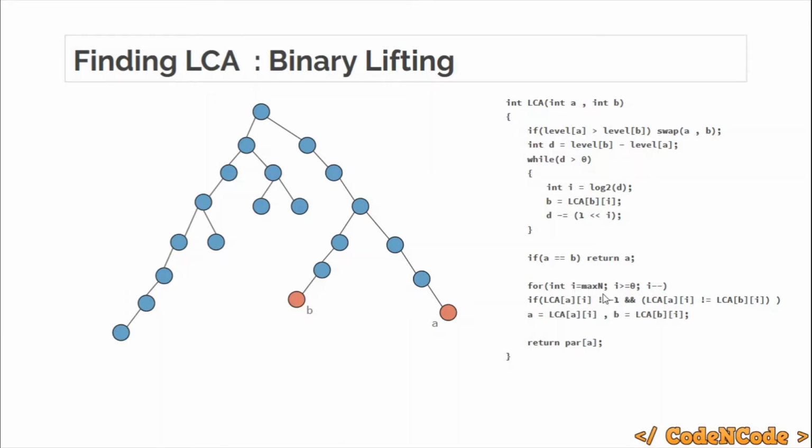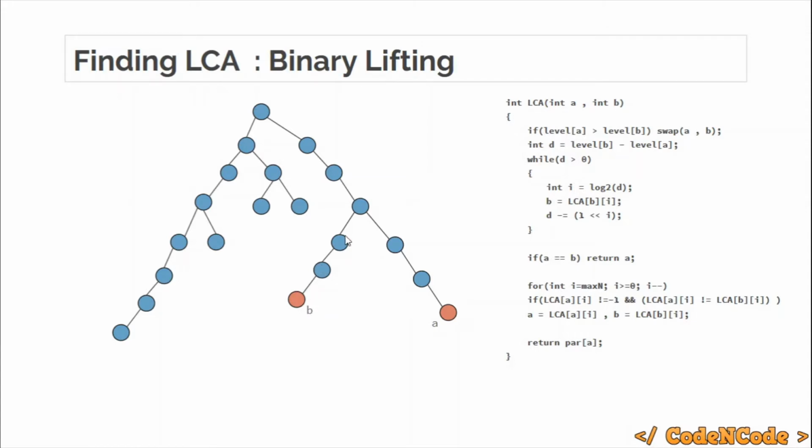As you already know, max n is actually log base 2 of n, which we have already defined. So we would start from max n. Suppose for this max n is actually 4, so we would see whether we can make a jump of length 2 raised to power 4 or not. 2 raised to power 4 is actually 16. So does a 16th parent of B exist?